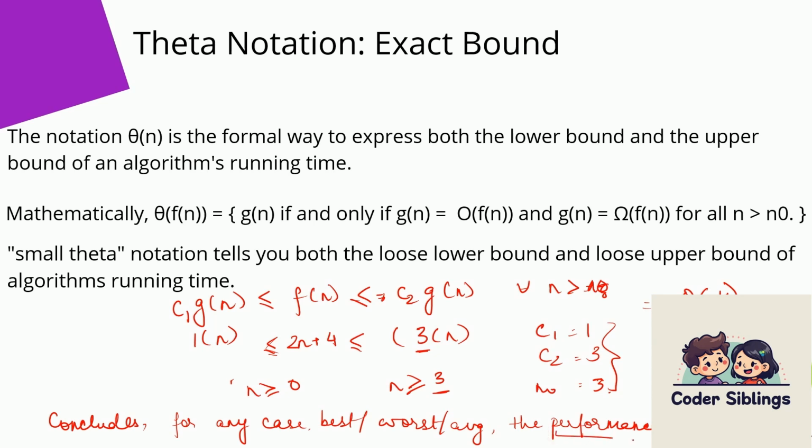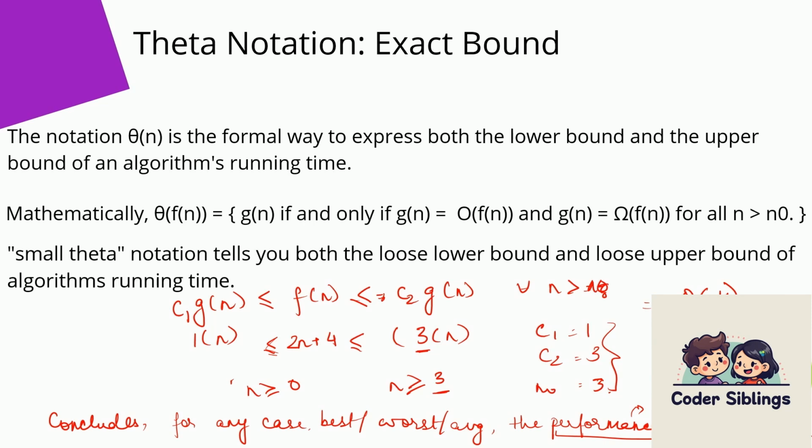And by performance, we are calculating only in terms of input size. So the algorithm we have written for which the function is 2n plus 4, you give it the best case, the worst case, or the average case, the performance of that algorithm will remain constant.